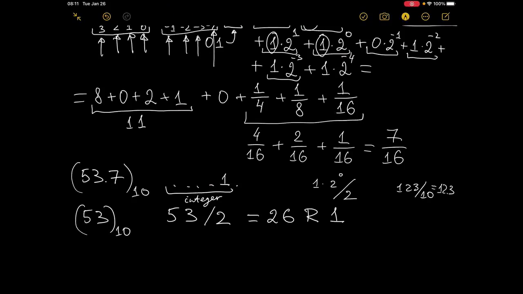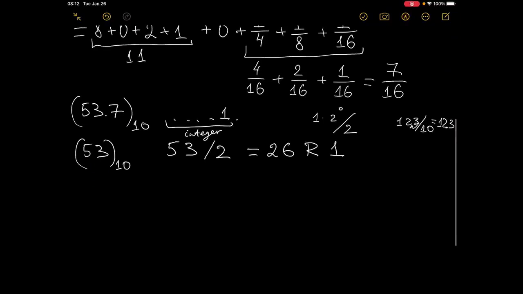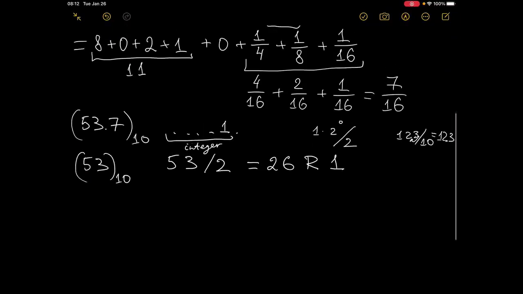So essentially what happens is the radix moves by one position, right? Here, because we have base 2, when we divide by 2, exactly the same thing happens.